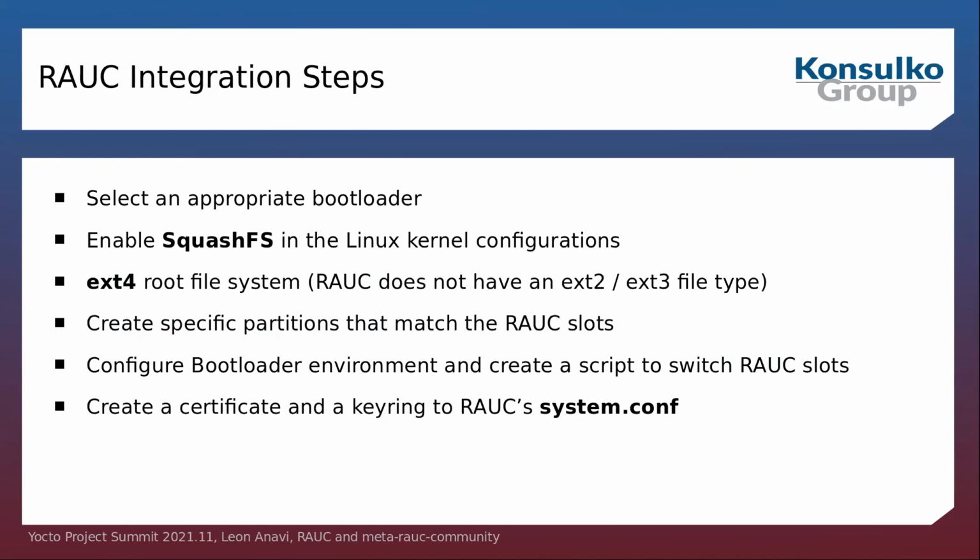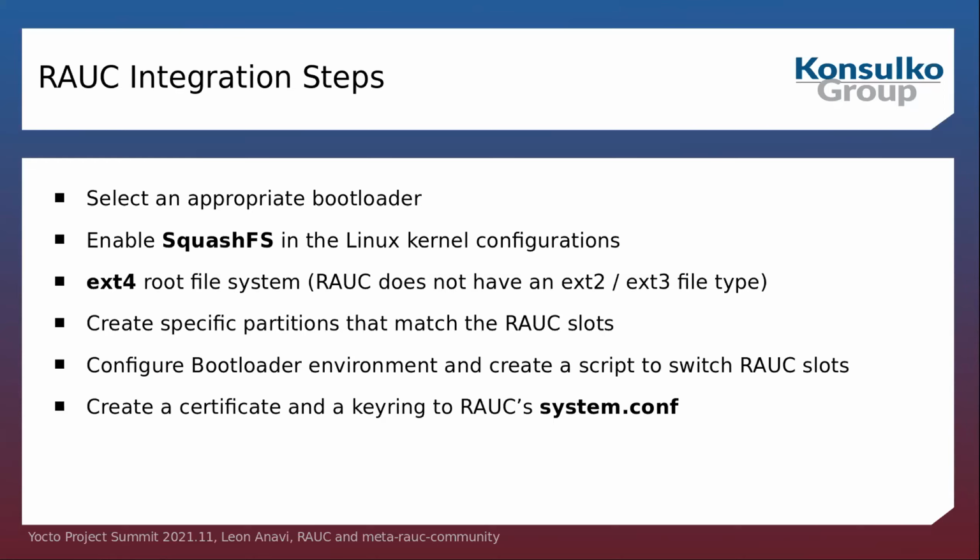No matter what kind of hardware you are using, there are certain integration steps that you should do for RAUC. So first, we need to select an appropriate bootloader. We have to enable SquashFS in the Linux kernel configuration. The file system must be ext4 because RAUC does not support ext2 or ext3. We have to create specific partitions that match the RAUC slots.